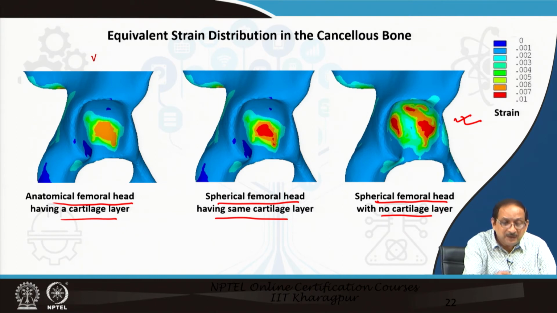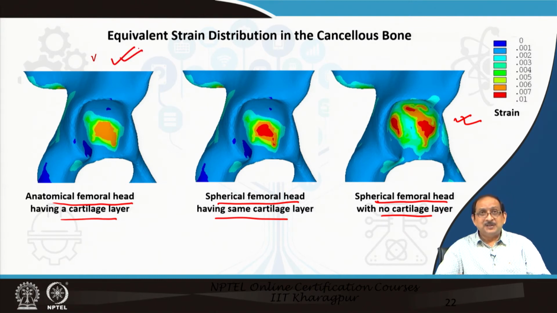So, we may conclude that the anatomical femoral head having a cartilage layer is the most appropriate method of application of hip joint reaction force or hip joint contact force on the acetabular cavity.